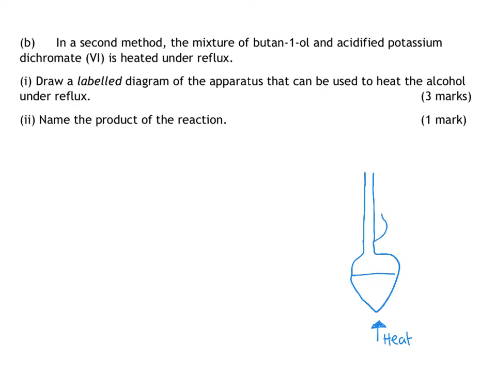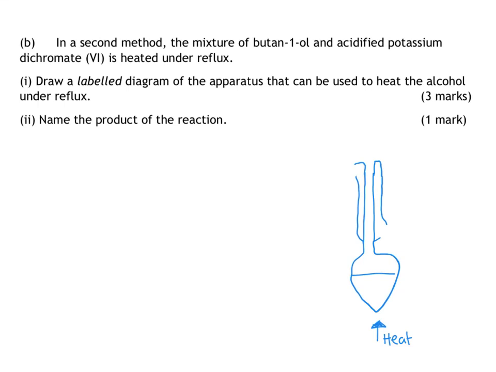Round the outside, just showing something to show that there is a jacket of water around the outside. Again, a really good diagram would have a little gap there and a little gap there for the water to go in and out.